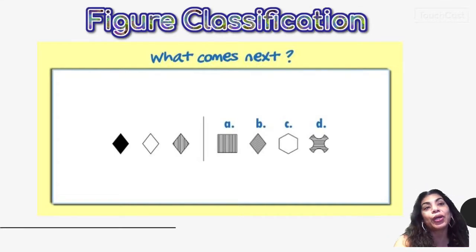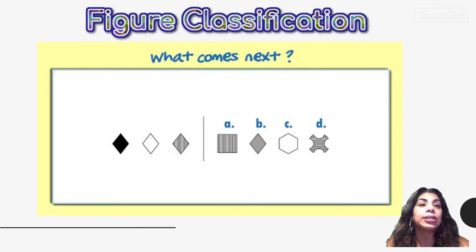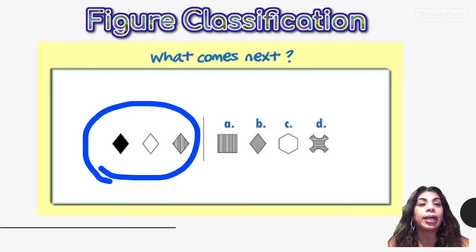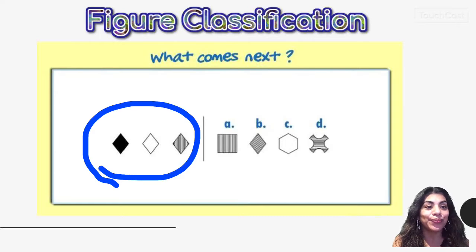Okay, so then we have figure classification. This kind of also reminds me of a part of the verbal test where you had to figure out which word belonged with the group, not the name of the group. So in this case, what I need to see is what is the relationship between the first 3 shapes. When I look at these 3, what's the same?